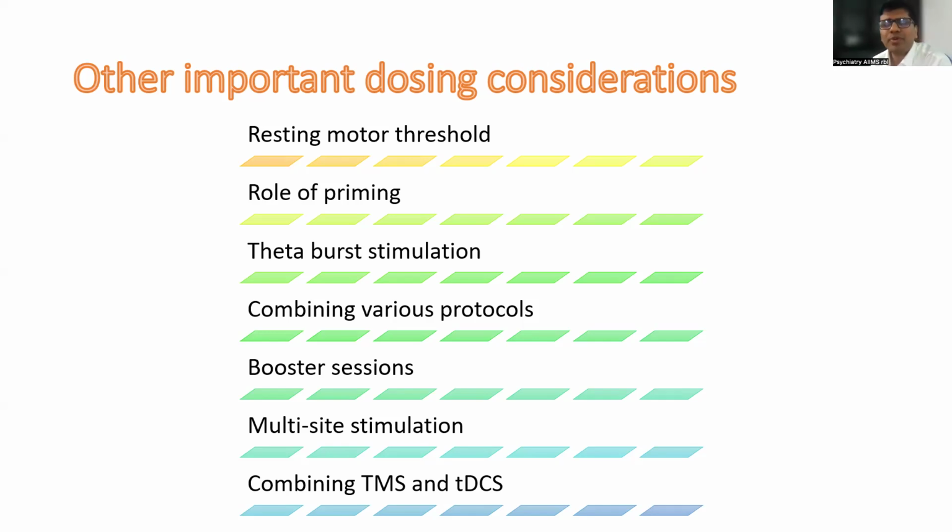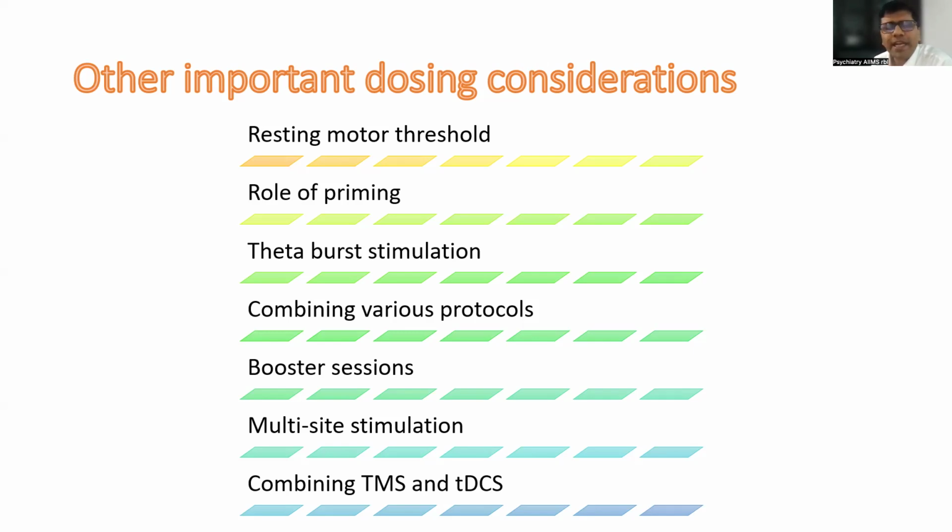Every individual has a specific resting motor threshold, and it is a very dynamic phenomenon. It keeps changing from time to time in a given individual. Suppose somebody is sleep deprived, the resting motor threshold will be low. Suppose somebody is taking a benzodiazepine or any anti-epileptic medication, the resting motor threshold will be high. Suppose somebody consumed alcohol last night, because of GABA or glutamatergic activity, the resting motor threshold can be altered.